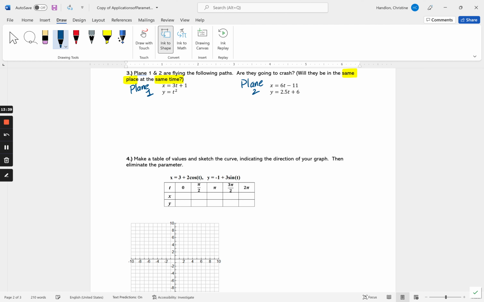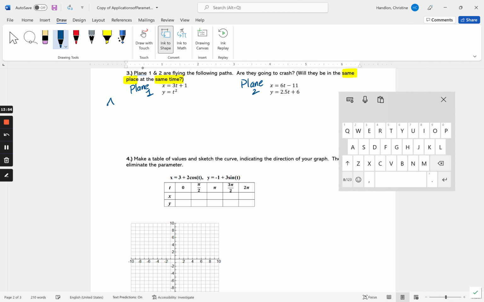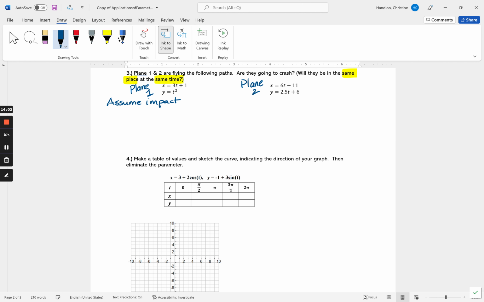We have to make an assumption in order to proceed with this problem. In order for them to intersect or crash, they have to occur at the same time and at the same place. So we are going to assume impact, okay? And what I mean by that is we're going to assume that these planes crash.